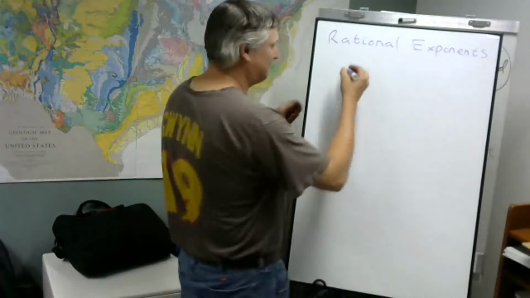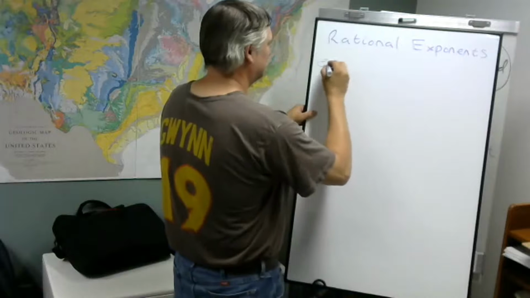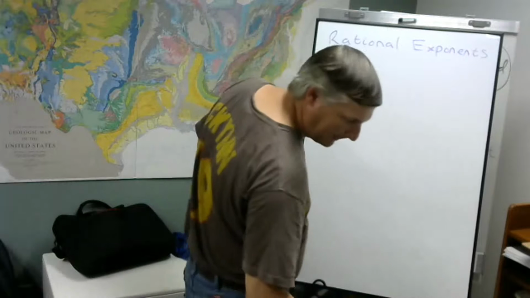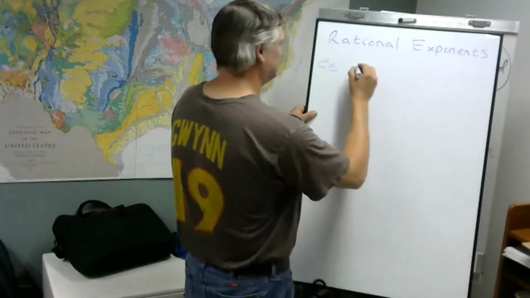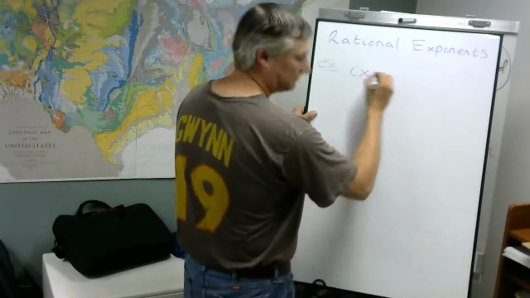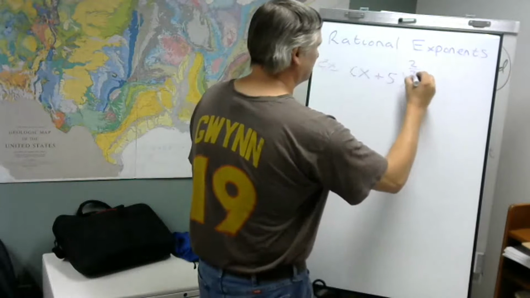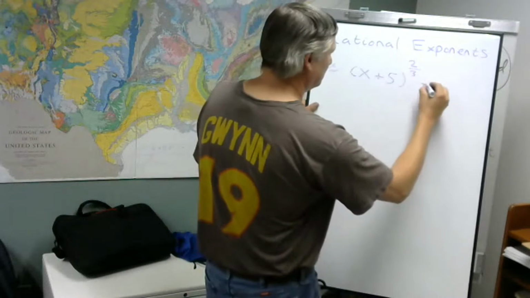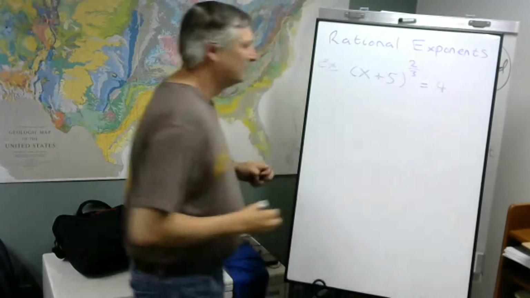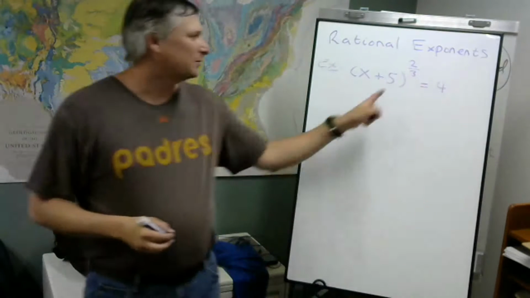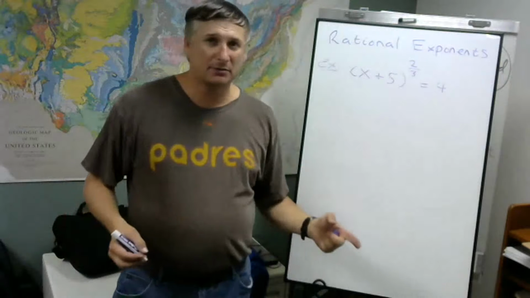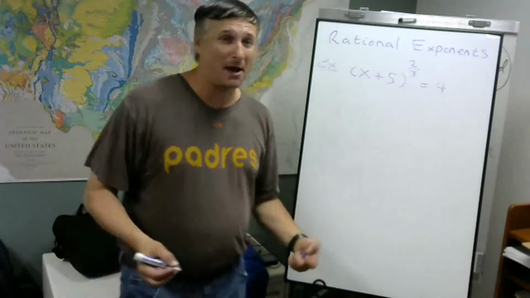Let's say we have this. Now again, we want to cancel by raising both sides to the 3 halves.